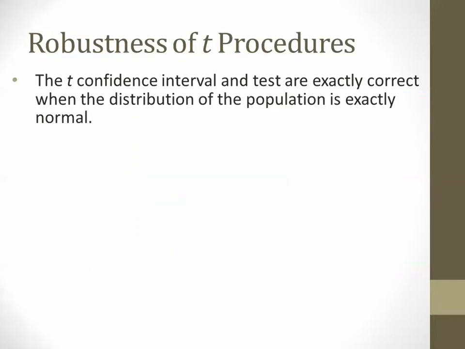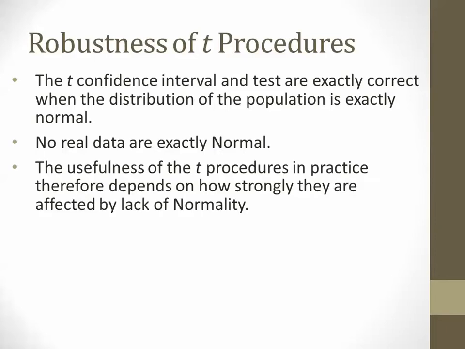Now let's talk about what we call robustness of these t procedures now that we've introduced this new curve. They're exactly correct when the distribution of the population is exactly 100% normal, which almost never happens. Because no real data are exactly 100% normal. So the usefulness depends on how strongly they're affected by the lack of normality.